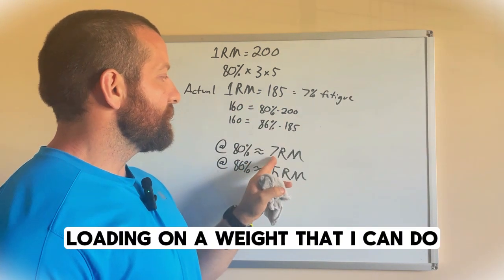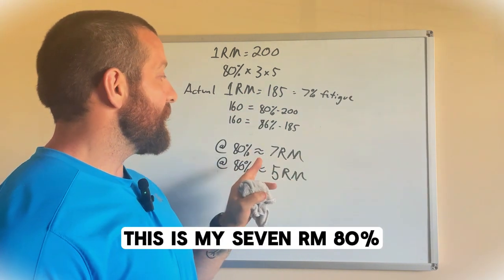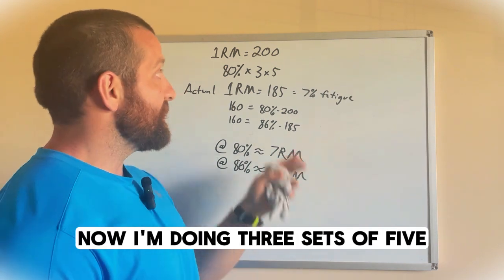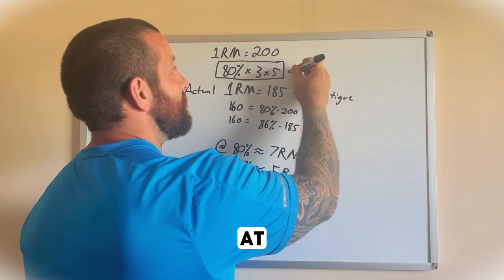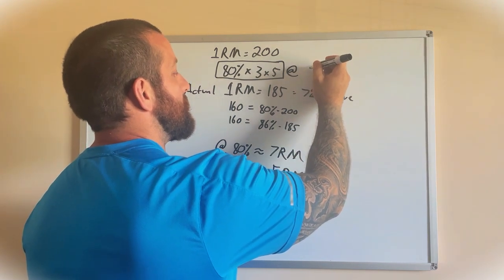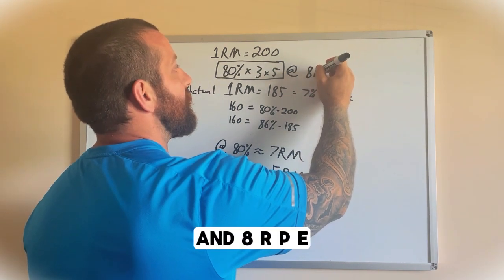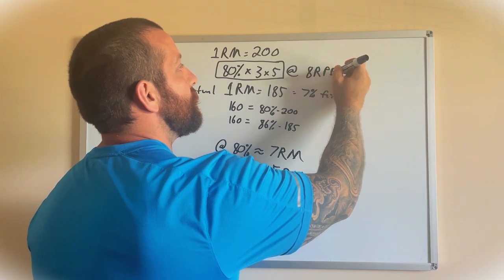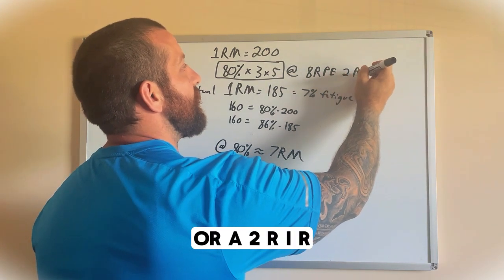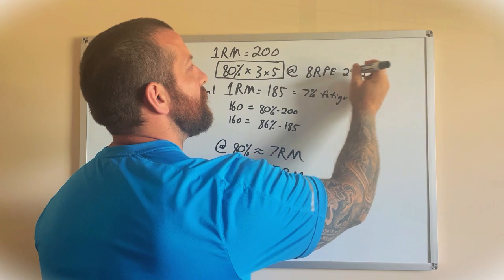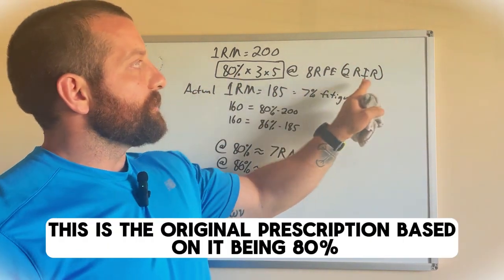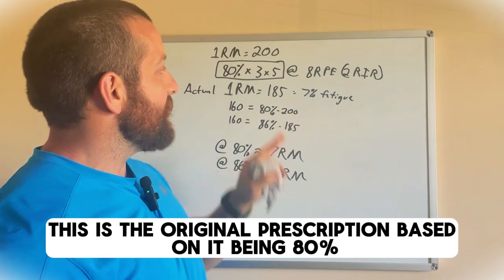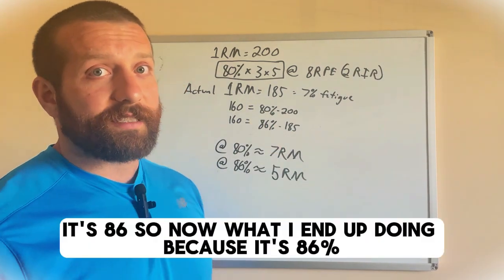So now, instead of loading on a weight, 160, that I can do for my 7 RM at 80%, now I'm doing 3 sets of 5 at an 8 RPE, or a 2 RIR. This is the original prescription based on it being 80%, but it's not 80%, it's 86.